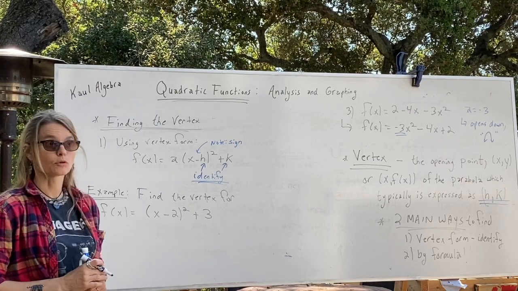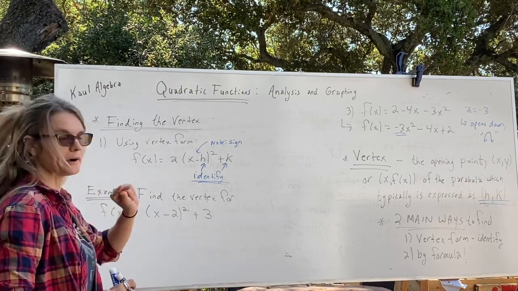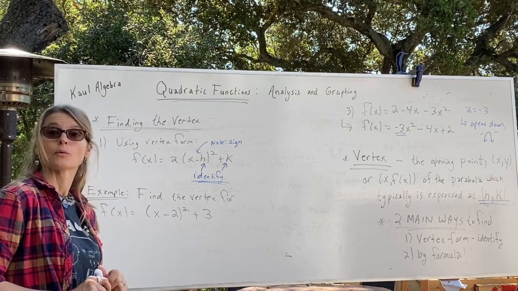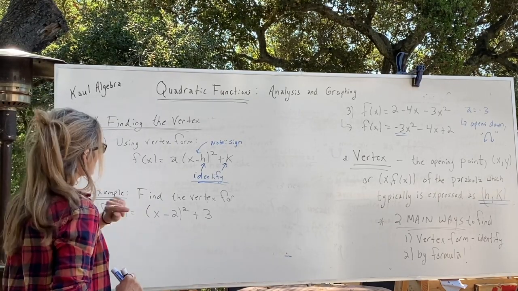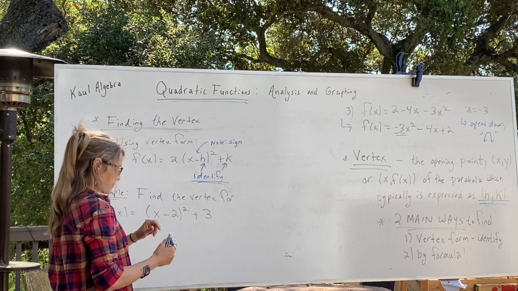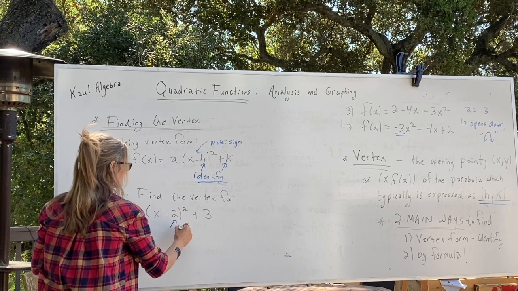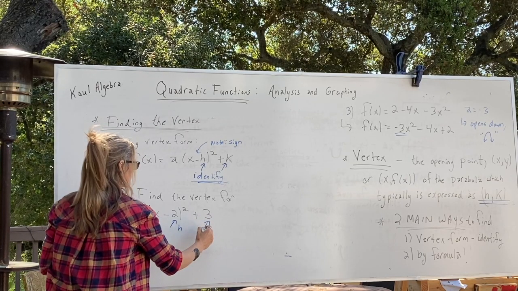Okay. This is a quadratic. You can multiply it all out and put it in standard form. In this case, I don't want to do that if I just want to find the vertex, because here I could identify this as being my h and this being my k.